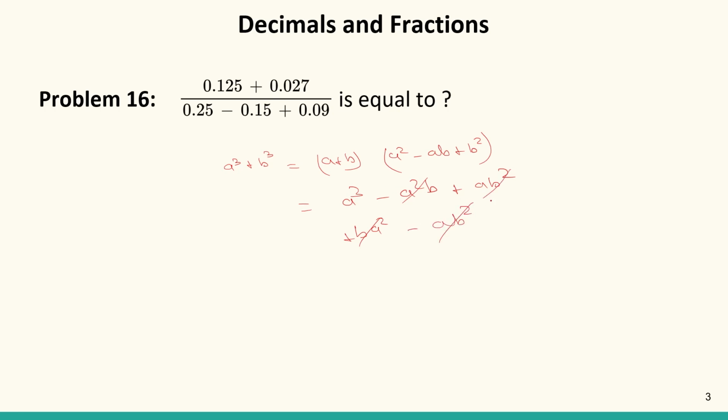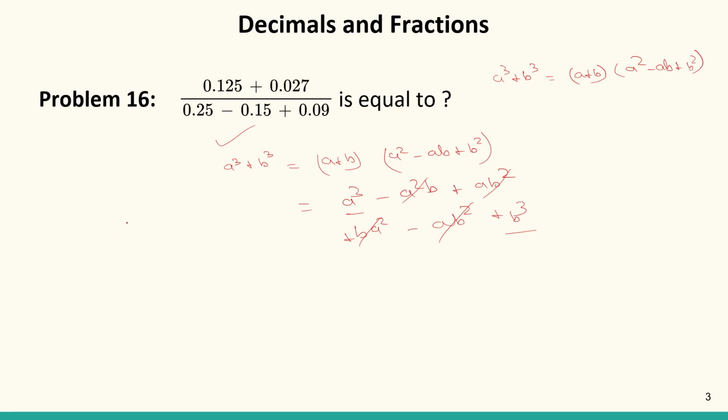These two will vanish, so plus b cube. So this is actually equal to a cube plus b cube. So this formula is correct. The formula is a cube plus b cube equals (a plus b) multiplied by (a square minus ab plus b square).